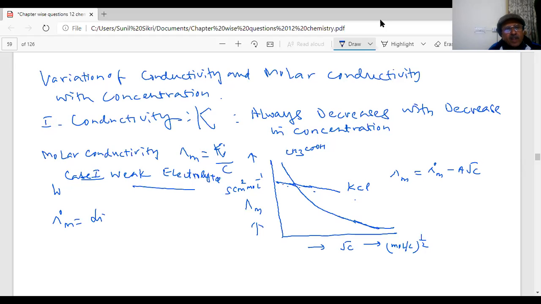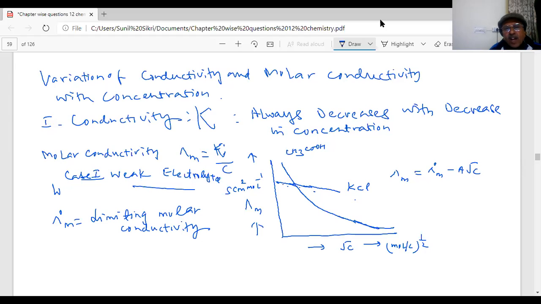What is this called? Limiting molar conductivity. It is the conductivity at infinite dilution. This can be obtained from this graph in the case of strong electrolytes.